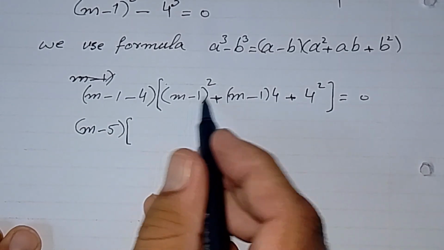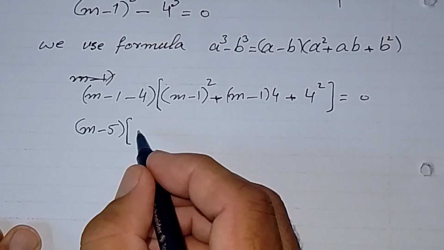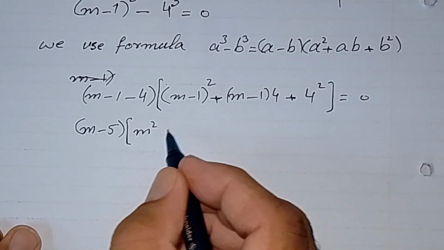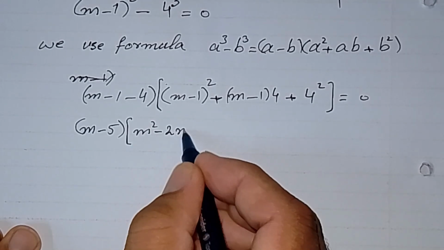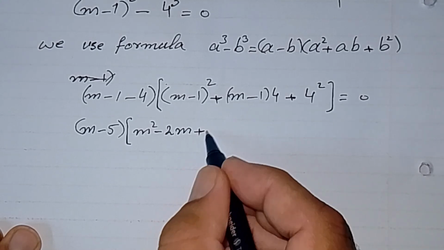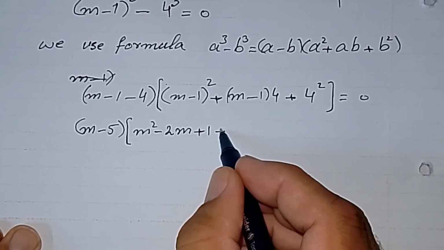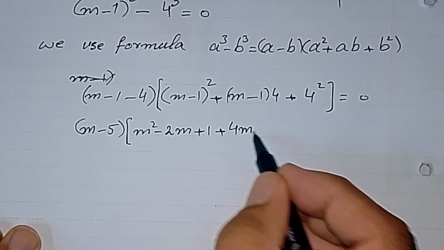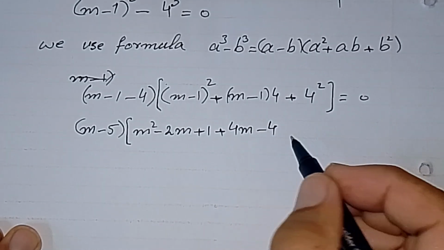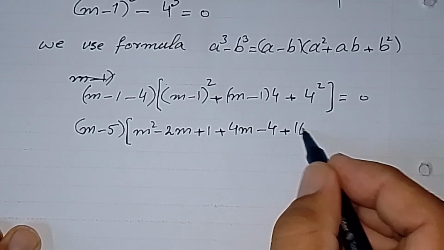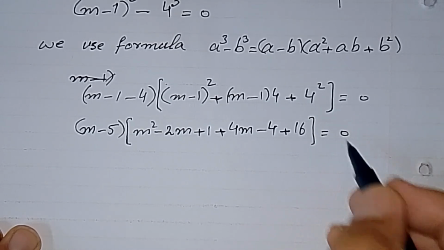And now we open these brackets. m square minus 2m plus 1 plus 4m minus 4 plus 16 is equal to 0.